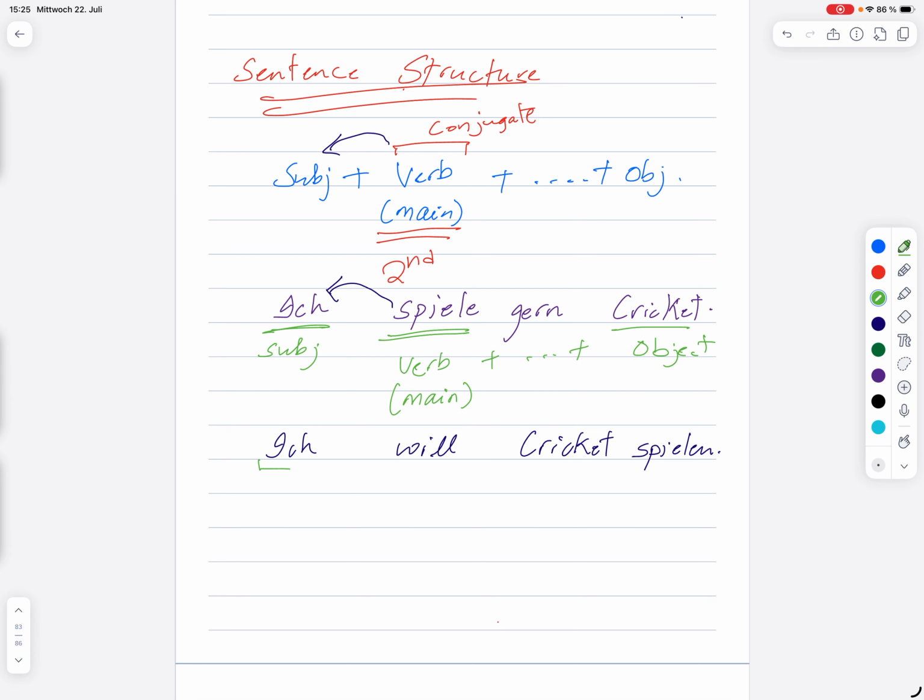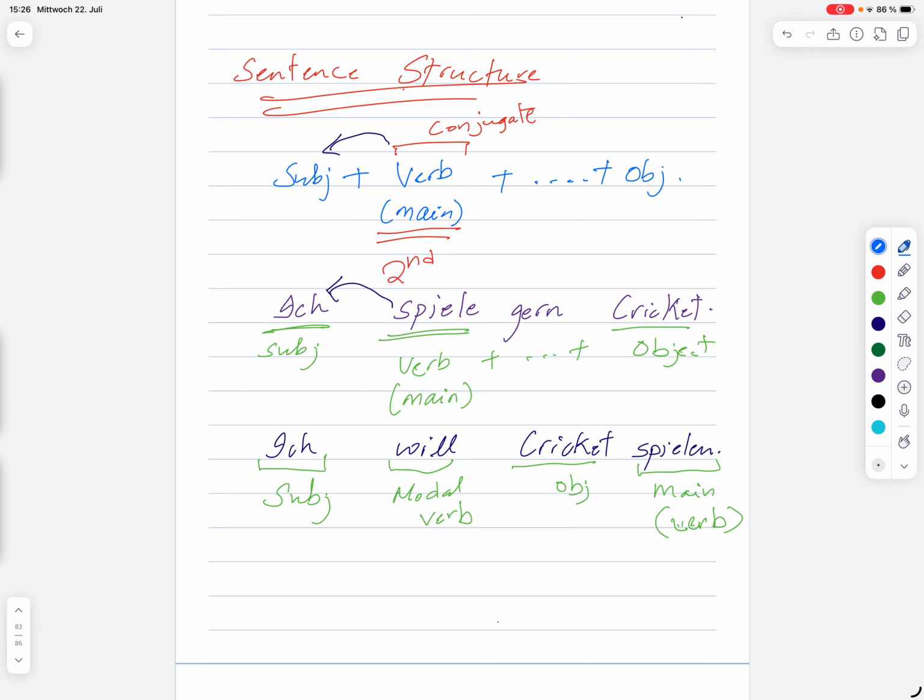So in this sentence structure, you have the subject, then you have the object here, and then you have the modal verb, and then you have the main verb, which defines the activity, that is playing here, right?